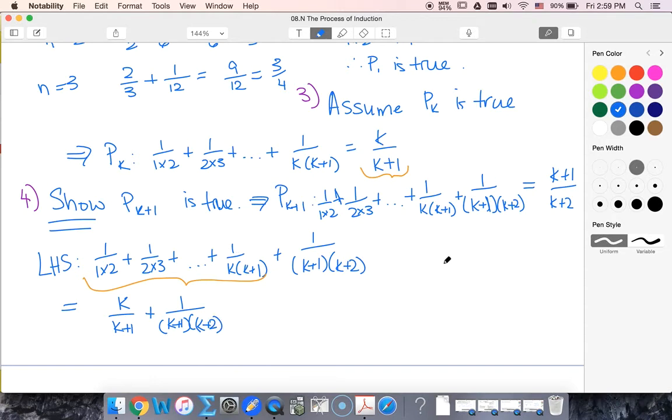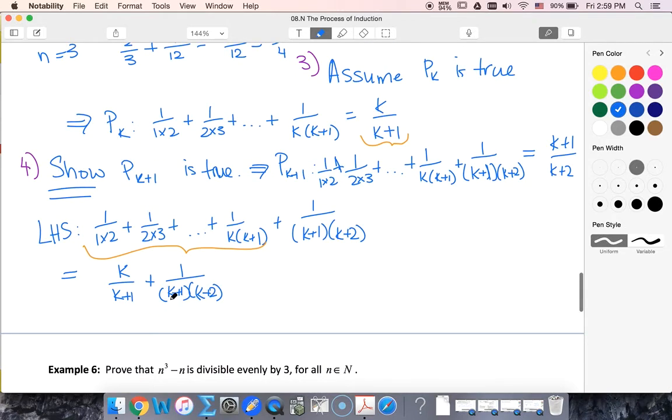Now I'm going to create a common denominator. k times k plus 2 plus 1 all over k plus 1 times k plus 2. I'll get k squared plus 2k plus 1 over k plus 1 times k plus 2.